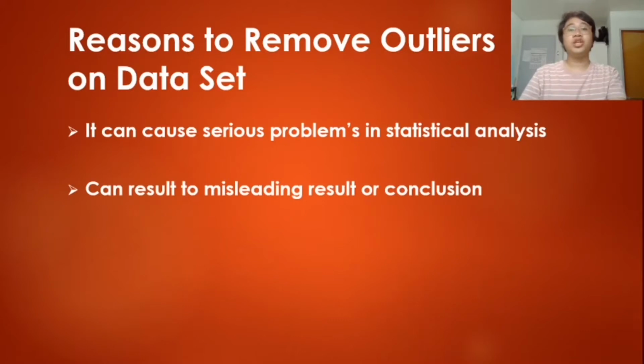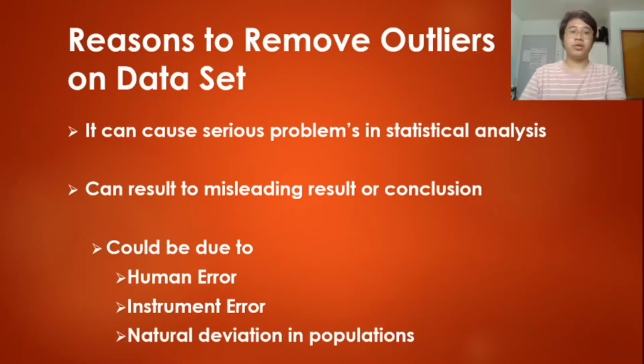Another is that they can lead to misleading results or conclusions. The occurrence of outliers could be due to human error, instrument error, or natural deviation in a population.